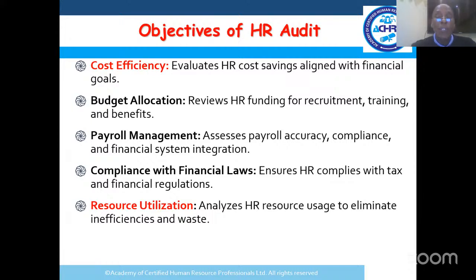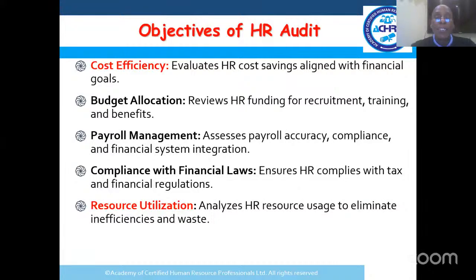So you prioritize areas in your audit, which is going to help us to perform our functions effectively. So through audit, we are able to allocate enough resources to achieve our departmental objectives as well as organizational goals and strategies. The other one is payroll management.